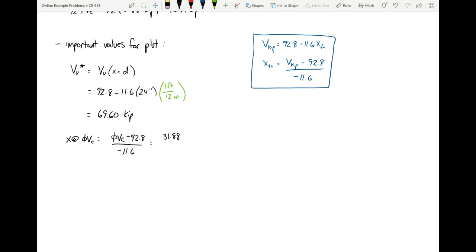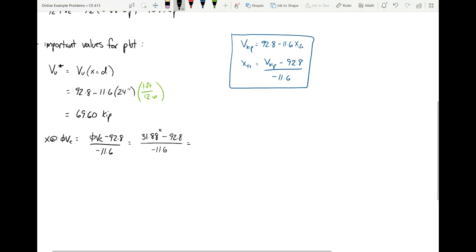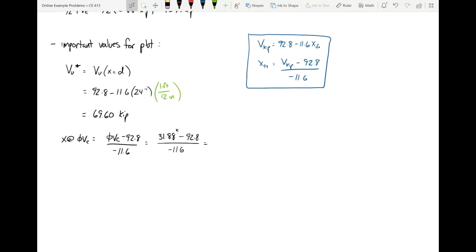When you plug and chug this into your calculator, you're going to get 5.25.